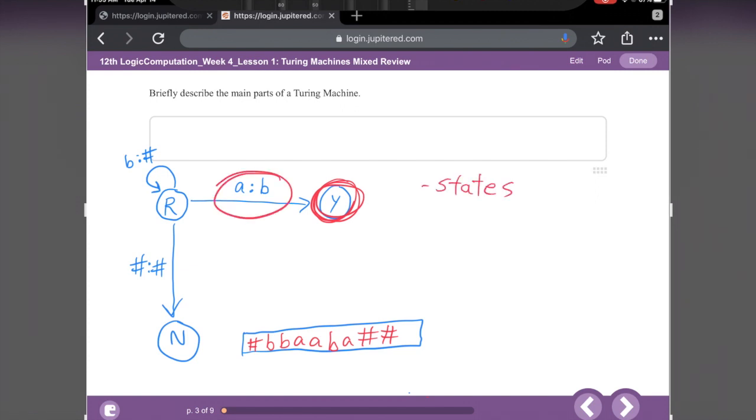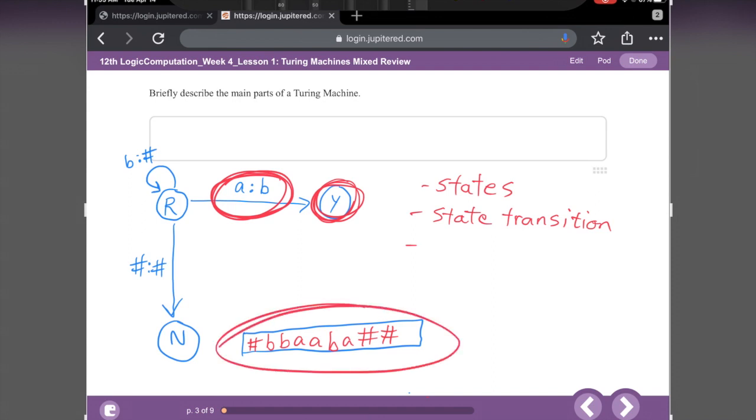Another thing it has is a state transition. And finally it has a memory tape. Then you could also say that another thing a Turing machine has is a read-write head. Basically, it selects one of the symbols to be initialized on.